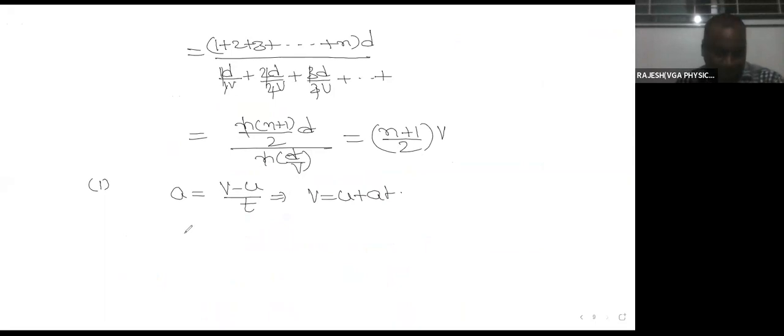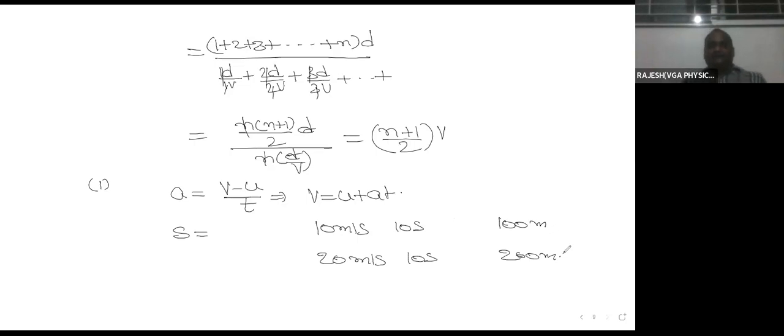Then second, displacement. Let us take the simple example. If I am going at 10 meter per second for 10 seconds, how much distance I will travel? 100 meters. Suppose I am going with 20 meter per second for 10 seconds, then I will go 200 meters. Now, I started my journey with 10 meter per second.